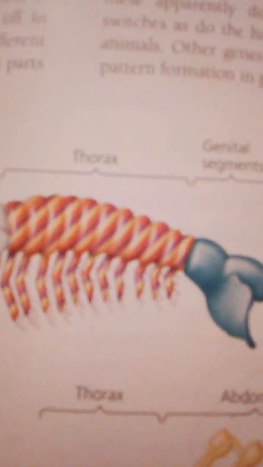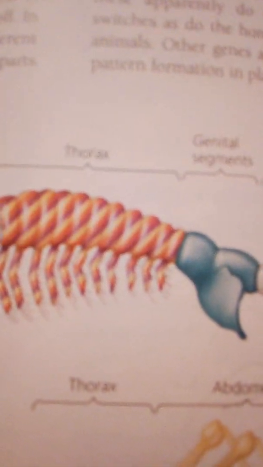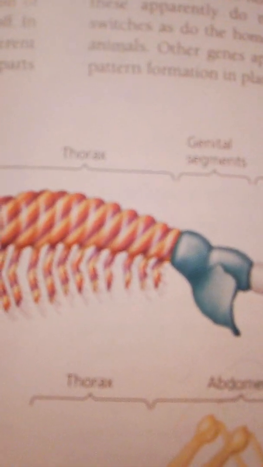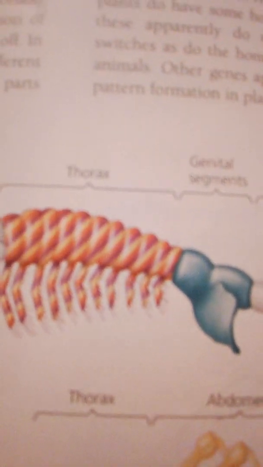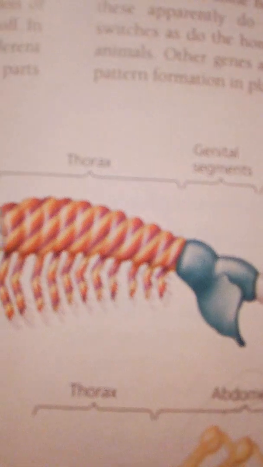But despite the differences between plants and animals, there are some basic similarities in the actual mechanisms of development, legacies of their shared cellular origins.